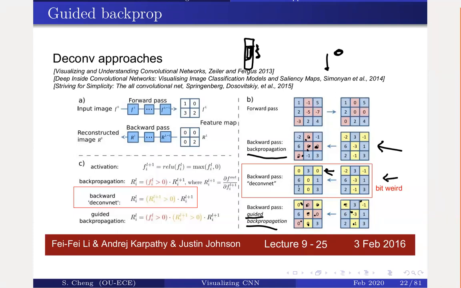In this case, if I just ignore the sign here, if we backpropagate either way, then we will capture both the pixels that stimulate the coefficient and those that try to suppress the coefficient, and they will be included in the visualization.